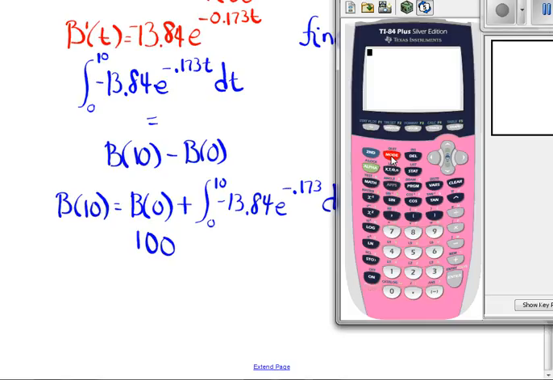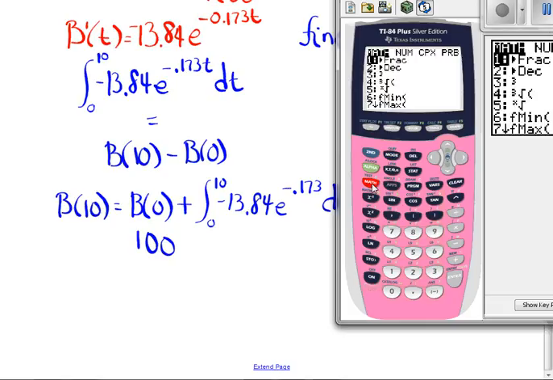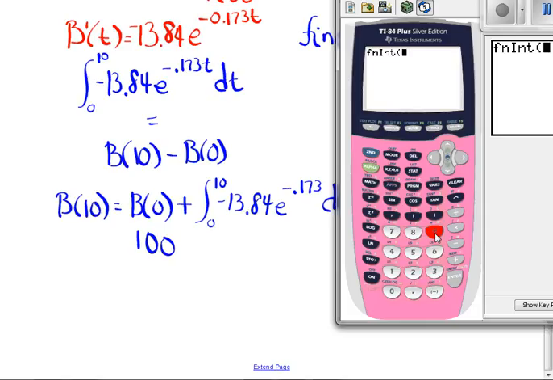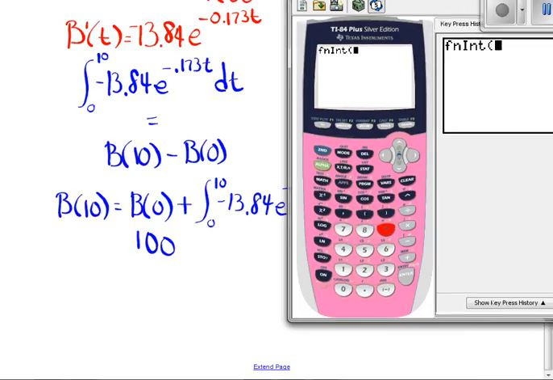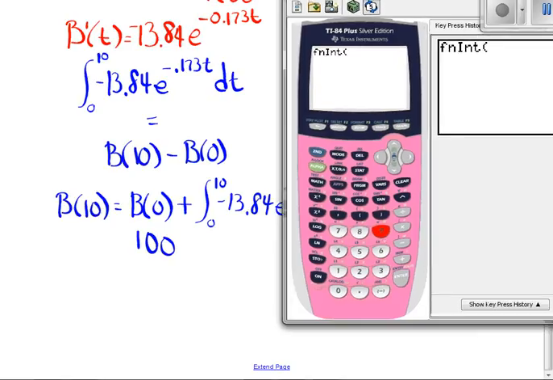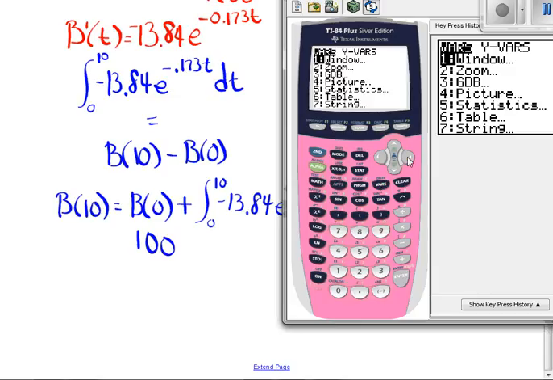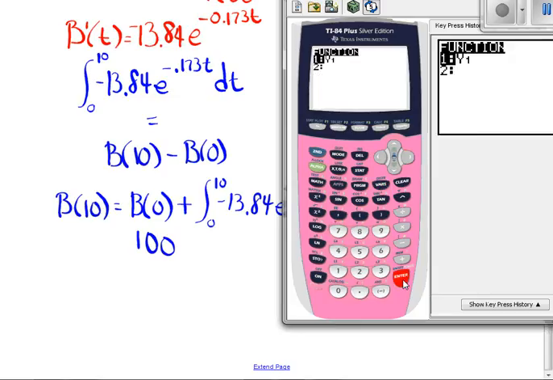Now, you remember where I find the integrals? Math. That's 9, I believe. Now, I'm not in the pretty print mode. So vars, it's a y variable. I want y1. You should be doing it with me, not sitting there not using a calculator.